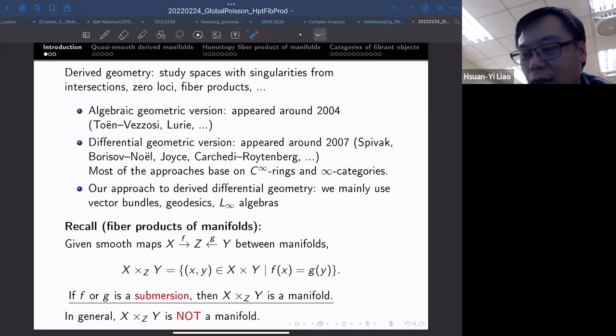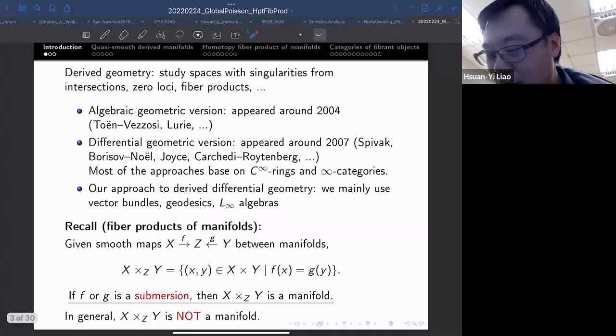Our approach basically uses vector bundles, sections, geodesics, and some infinity algebras. So let me introduce our approach.